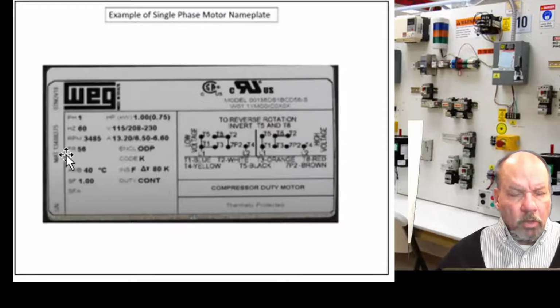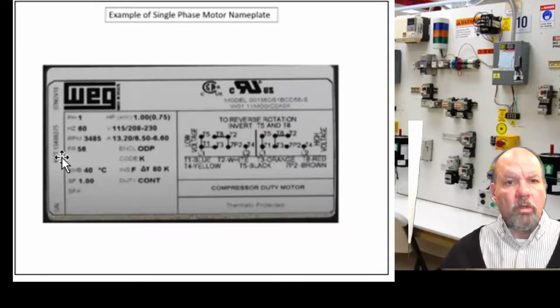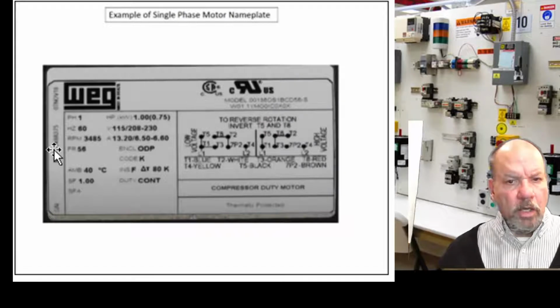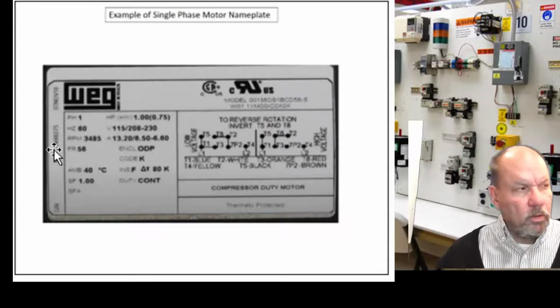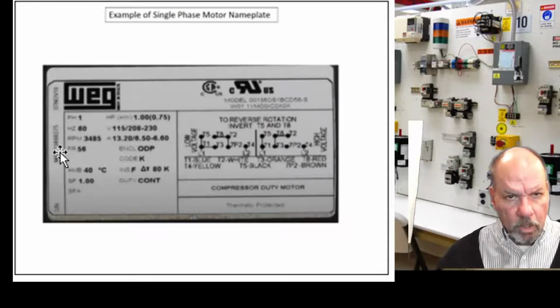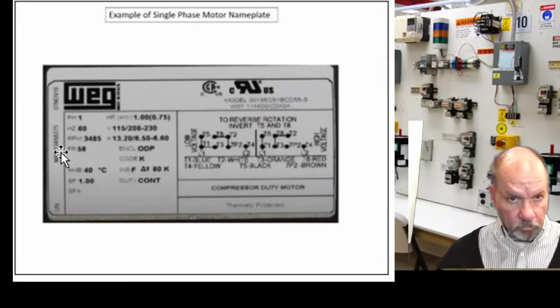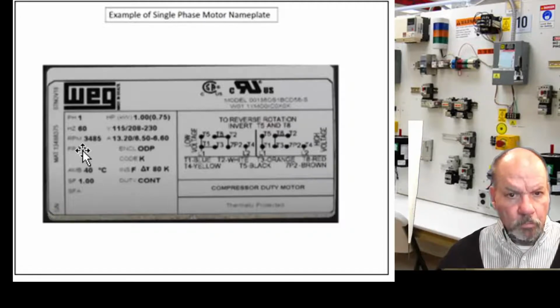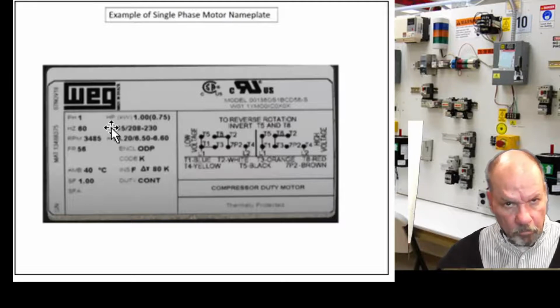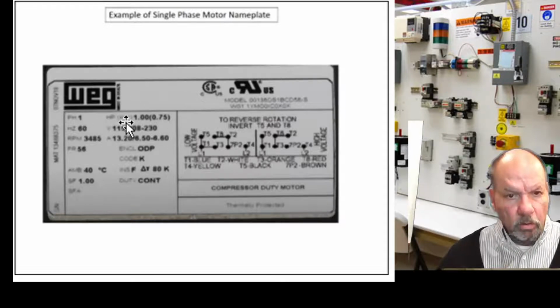The frame size of the motor tells you the shaft diameter, mounting pattern of the foot, a lot of geometry of the motor. So if you go to the motor catalog, look up frame 56, it will give you all this geometry. Moving up to the middle here is the horsepower of the motor.